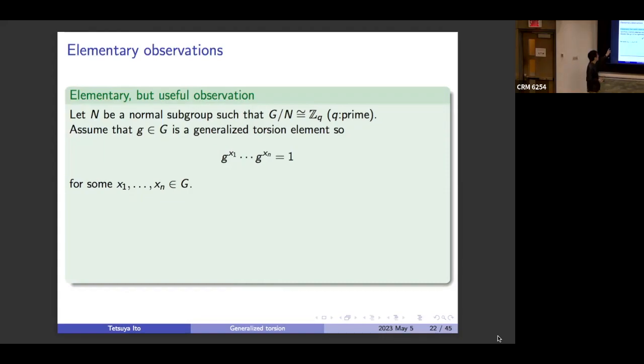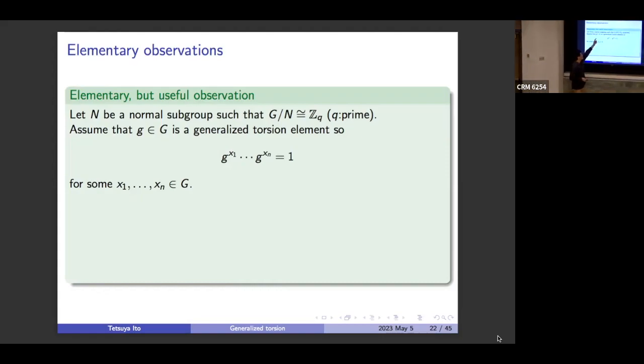Let N be a normal subgroup such that its quotient is a cyclic group of prime order q. Assume that g is a generalized torsion element.